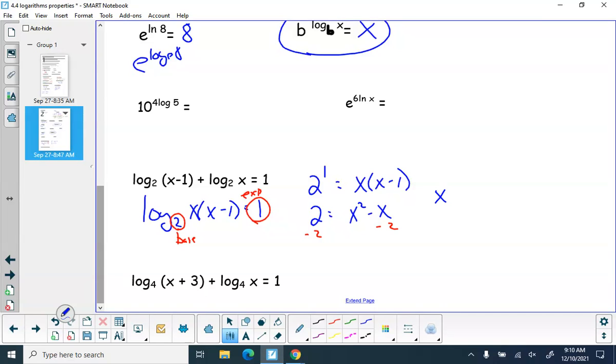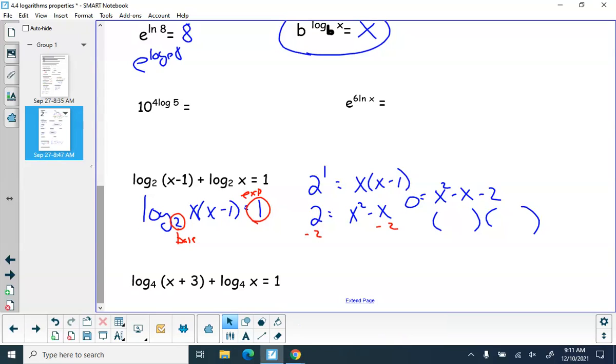So we have x squared minus x minus 2 is equal to 0. We could factor and solve for x.